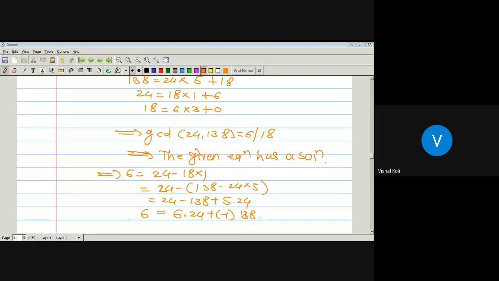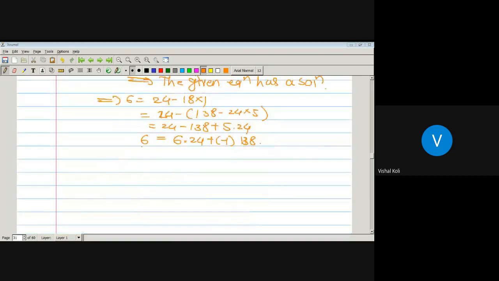This will be 6, but we have to express 18. If we have to express 18 as a linear combination of A and B, then we have to multiply both sides by 3. Then 18 is nothing but 6 into 3, 18 into 24 plus minus 3 into 138.